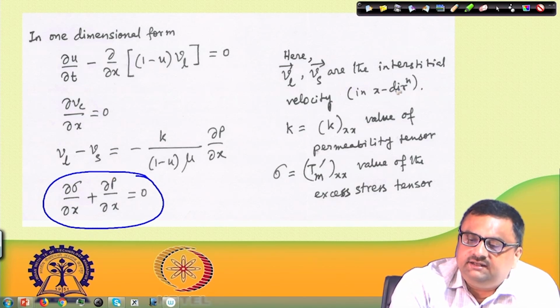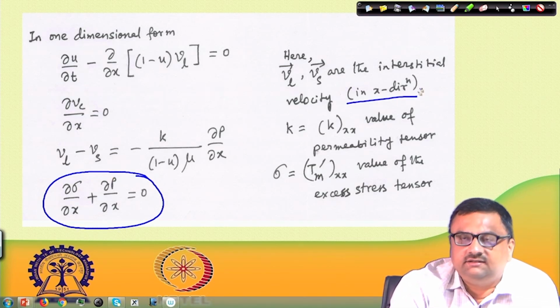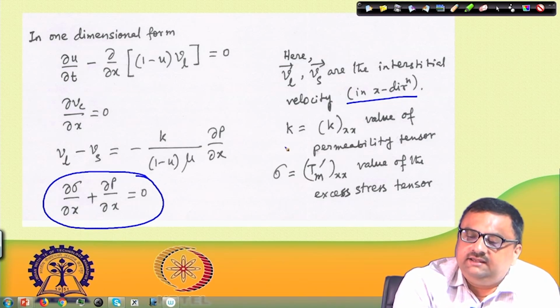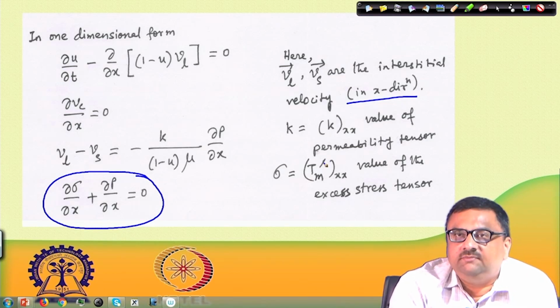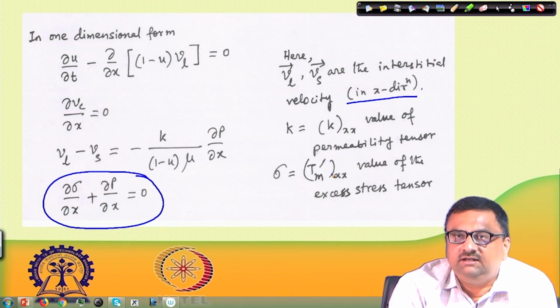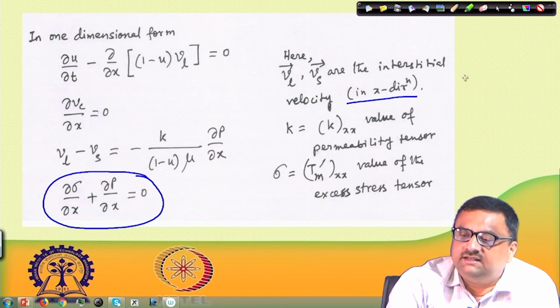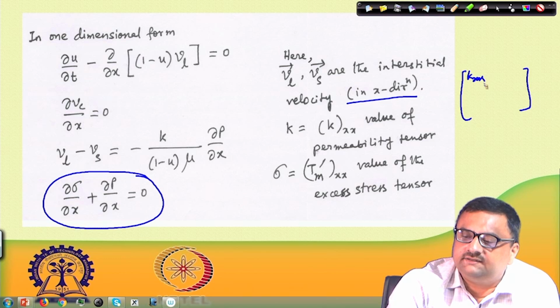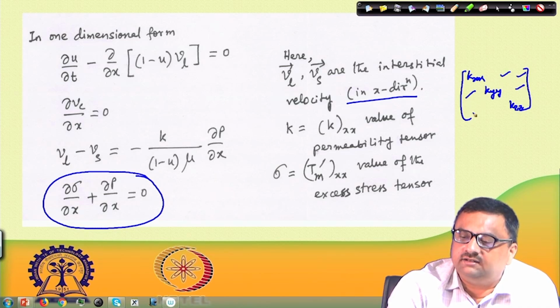So, in this case VL and Vs are the interstitial velocity in x direction, that is, it is only one dimension we are talking about. K is called K originally in a general notation. K is a permeability tensor, okay. But out of these, if you take the permeability tensor, you have Kxx, Kyy, Kzz, and then you have other cross terms there.